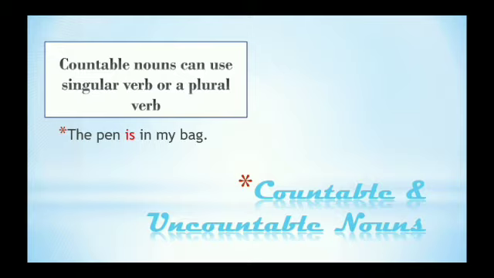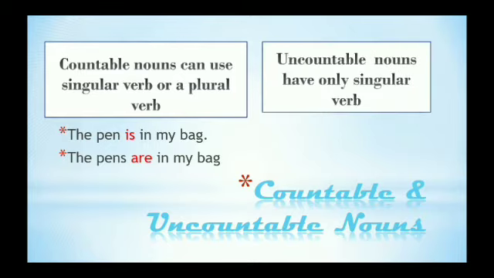So along with the countable noun, which is singular, we have used the singular verb. Is is a singular verb. Look at the next example. The pens are in my bag. Here, pens is a plural noun. So we have used the plural verb are along with the plural countable noun. Did you understand?